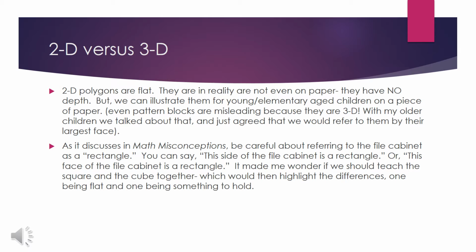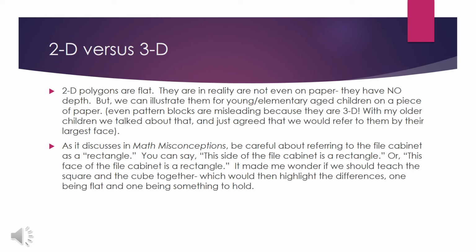But we can talk about, like it talks about in there, a file cabinet being referred to as a rectangle when it's actually a rectangular prism. We can talk about the face of the rectangular prism being a rectangle. And to help kids realize that when we're looking at the file cabinet, we're just looking at this side is a rectangle, or just the front is a rectangle, but that this is a three-dimensional shape, which is a rectangular prism.